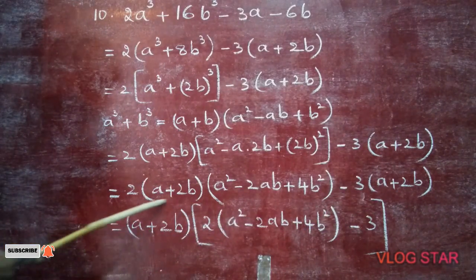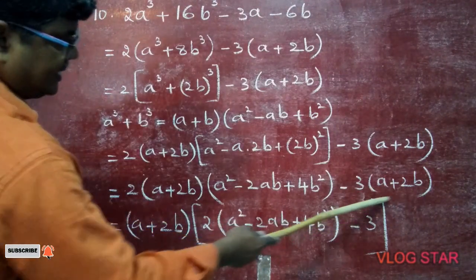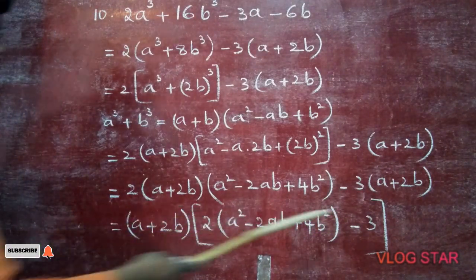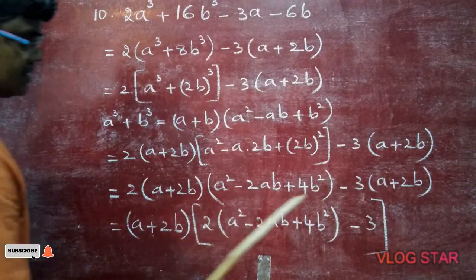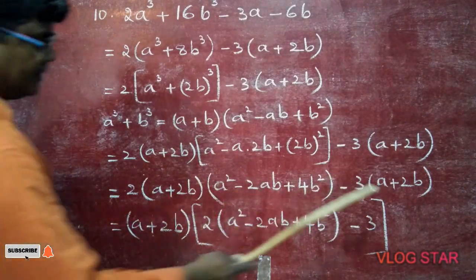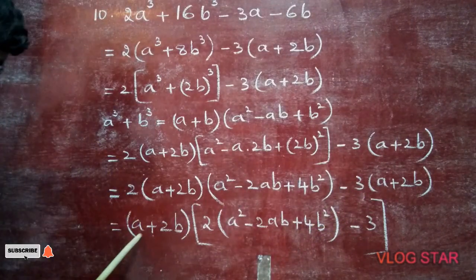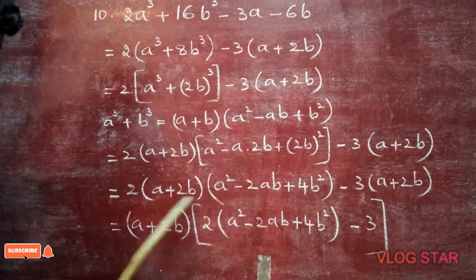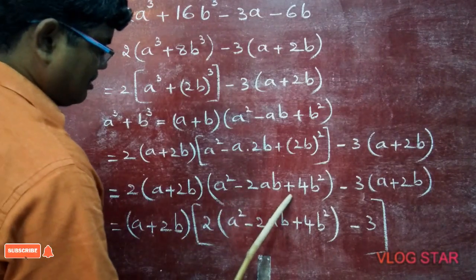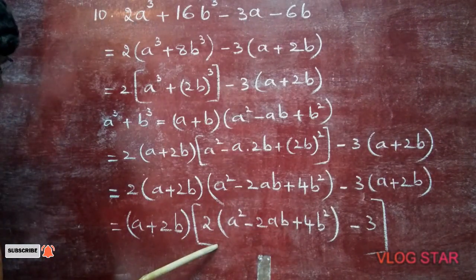This is all first term. This is second term. Two terms are there. In first term and second term, a plus 2b is common. Can you see here a plus 2b? Here also a plus 2b. So on the whole I am taking a plus 2b as common. And the remaining is 2 into a square minus 2ab plus b square. This is first term.